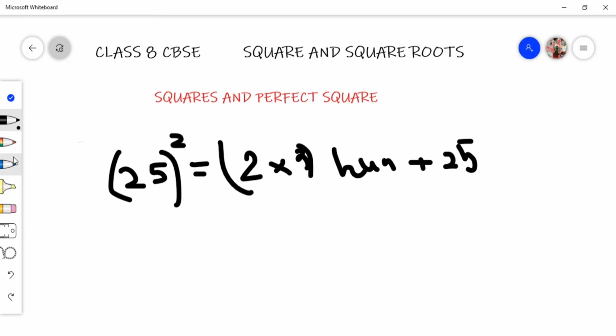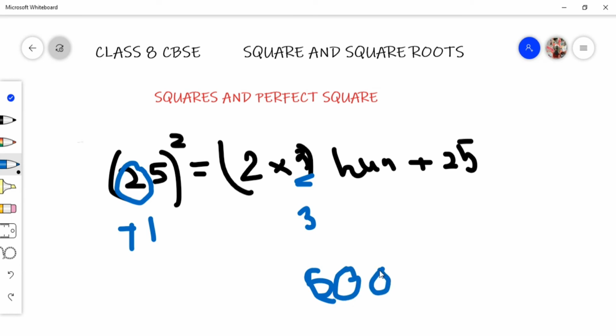That means, first of all, you should take this number plus 1. That means 2, and 2 plus 1 is equal to 3. This is 3. And if you multiply them, you will get 6. So 600. 600 plus 25 is equal to 625.